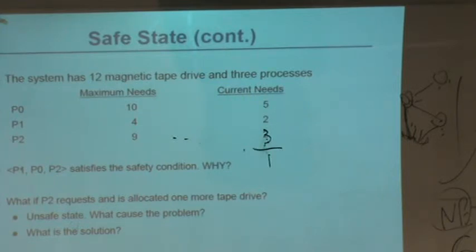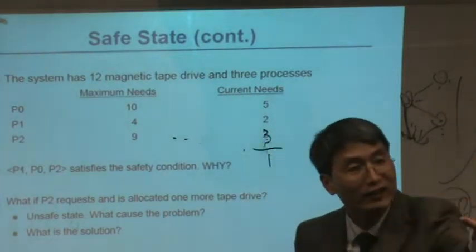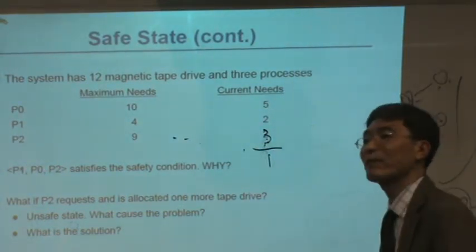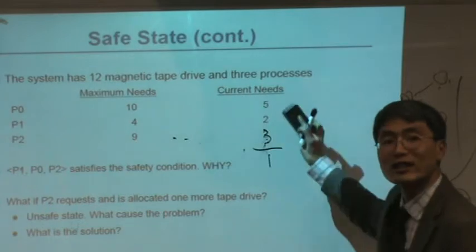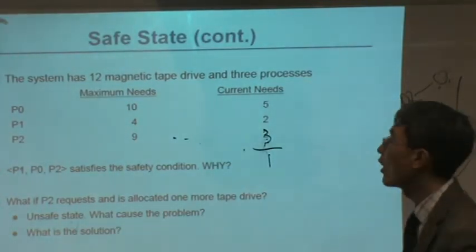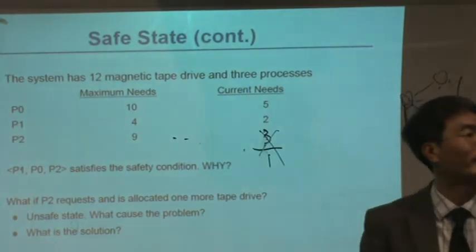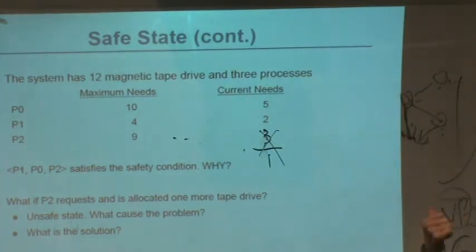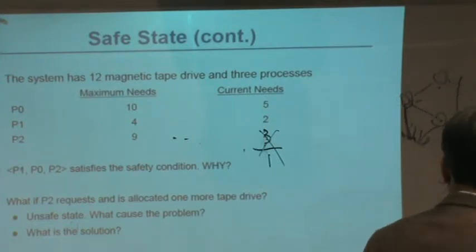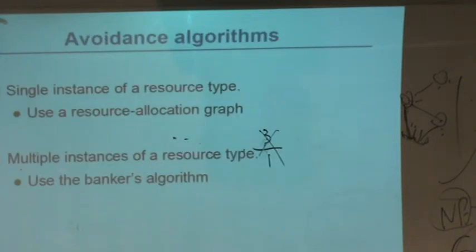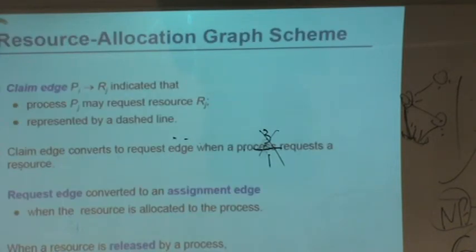So before I grant P2's request, check whether it is a safe state or not. This is not a safe state, so decline his request to avoid deadlock. This is the deadlock avoidance using resource allocation. Next class we will see details of the avoidance.